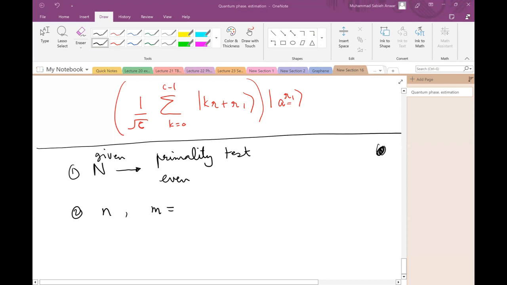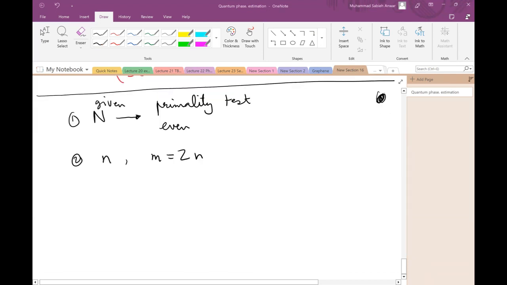All right, so we choose m, which is generally twice of n. Then we create the state ket 0 on the first m qubits and ket 1 on the second register.